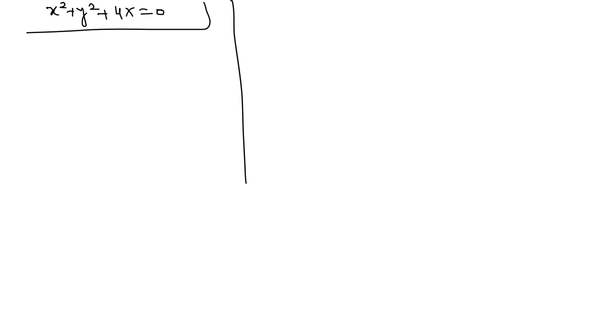Similarly, if you have x square plus y square plus 4x is equal to 0, now you have to convert them into the polar form. So how can you convert? We know that x square plus y square is equal to r square, plus 4x. x is equal to what? x is equal to r cosine of theta. So I replace x: r square plus 4 r cosine of theta is equal to 0. If you want to simplify, you can.